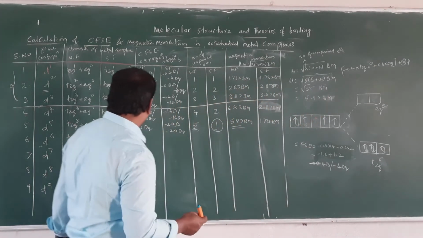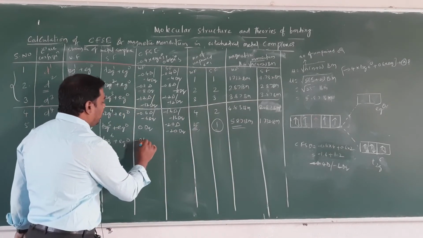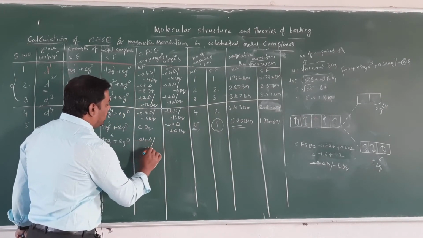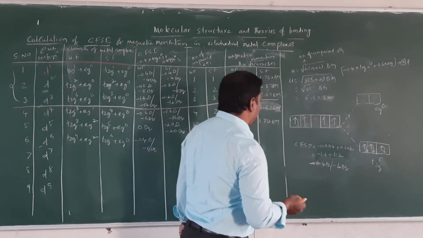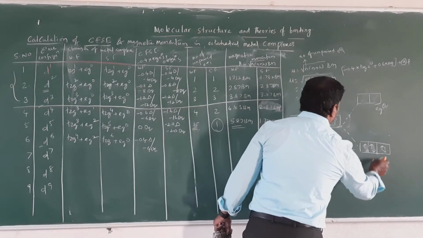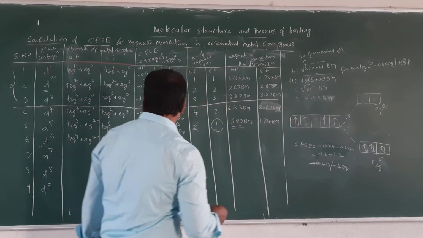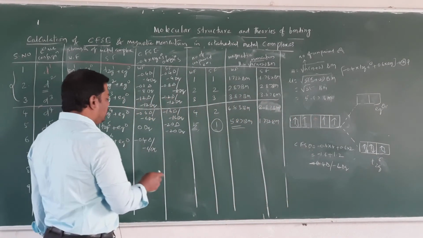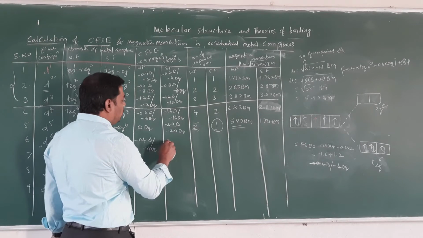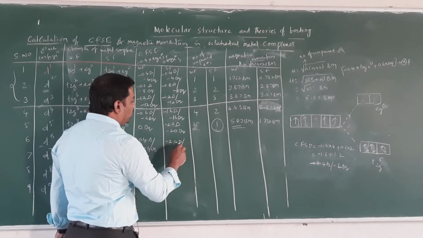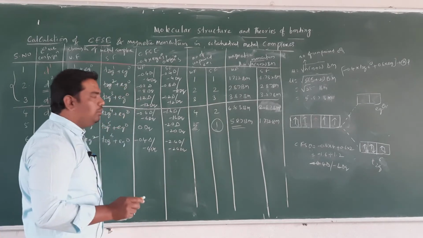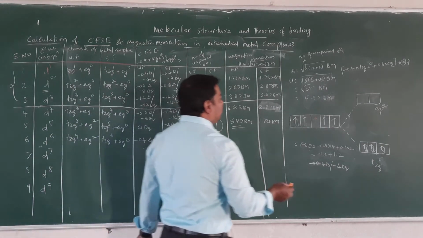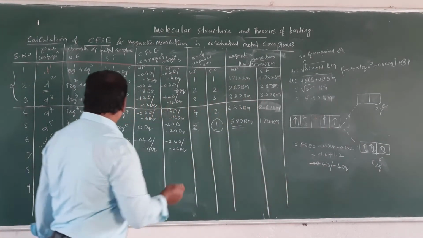But in the case of a strong field complex, that is t2g6 and eg0, so 6 into minus 0.4, that is equal to minus 2.4 delta or minus 24 Dq. Okay.